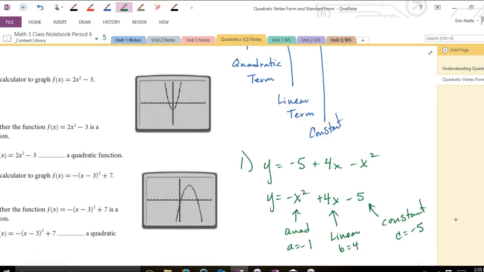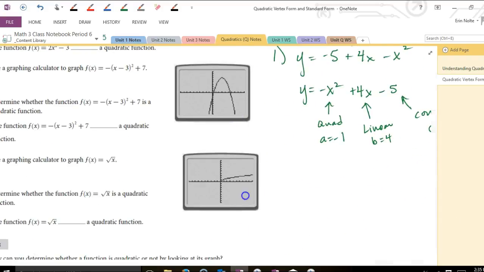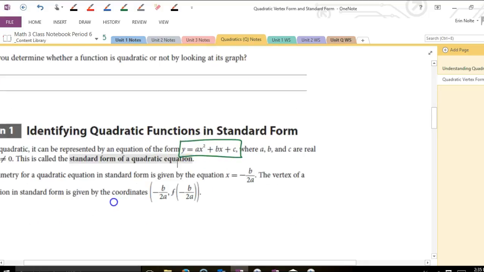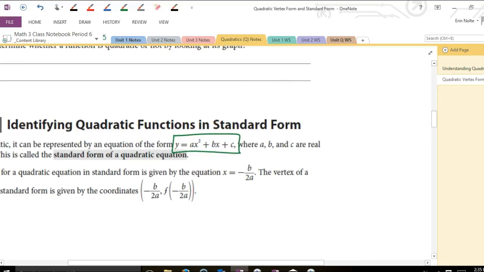Okay, so when we are working in standard form, this is what you just wrote down, right? ax squared plus bx plus c. We want to be able to come up with the vertex immediately. This piece right here is giving us the vertex.